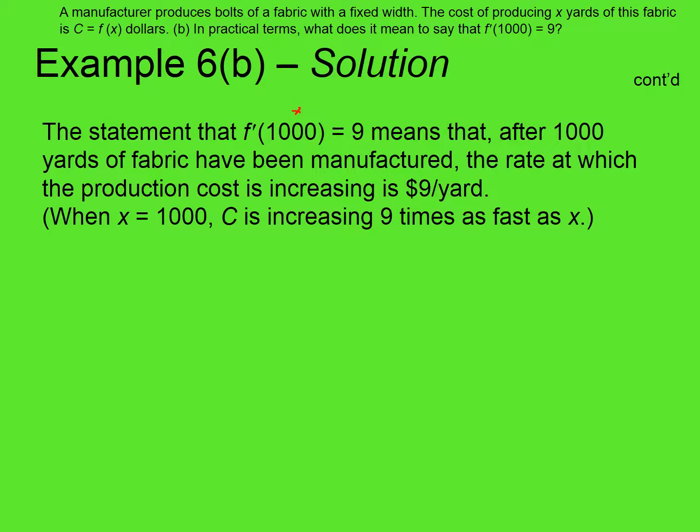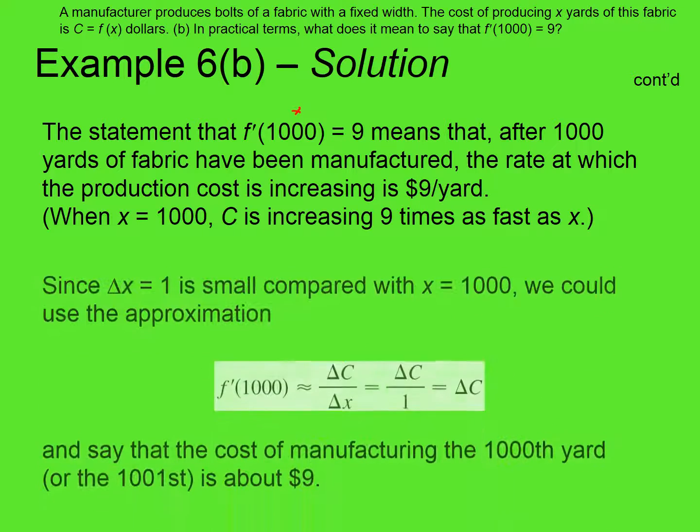When x equals 1,000, c is increasing 9 times as fast as x. One yard, $9. Since delta x equals 1, that's how we have to think of an instant in this case. So the denominator here is 1.